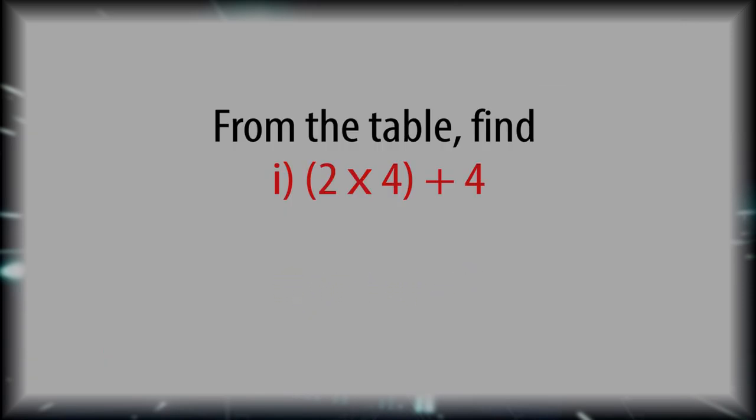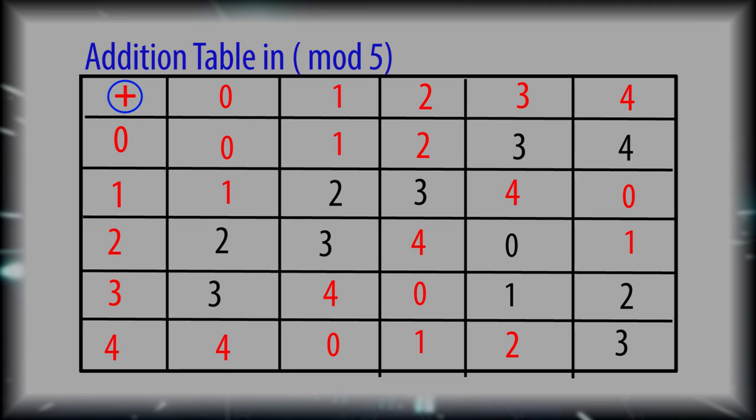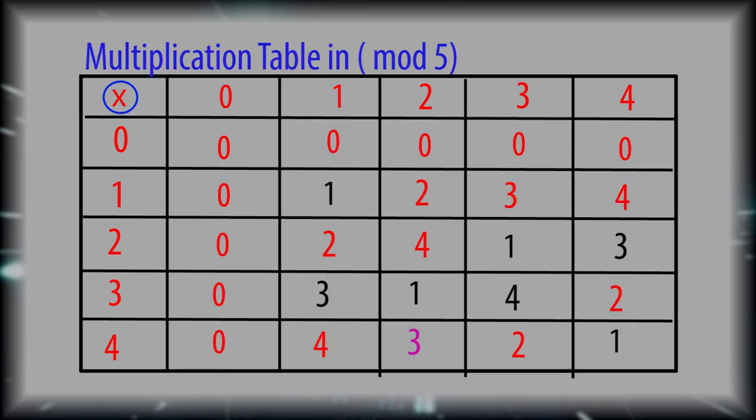Now from the table, it says find 2 times 4 into brackets plus 4. And secondly, find 4 plus 4 into brackets times 2. The two tables have been completed, and you can see the correct answers highlighted in the tables.